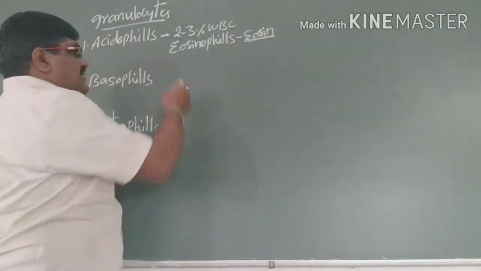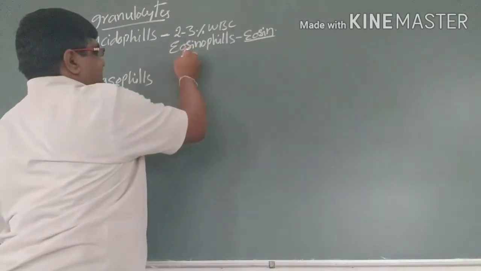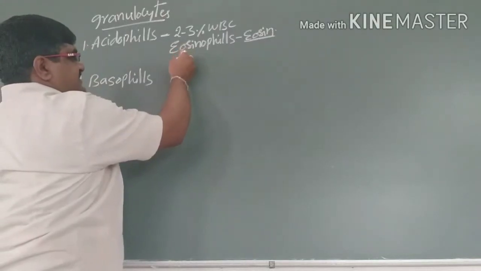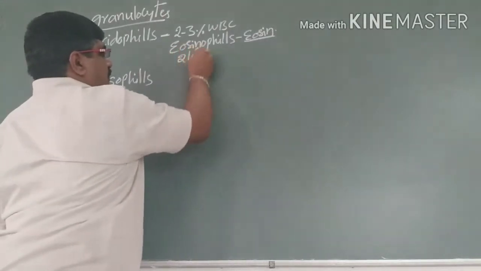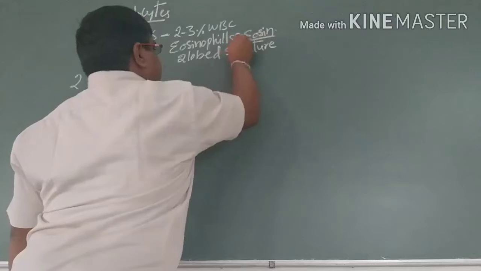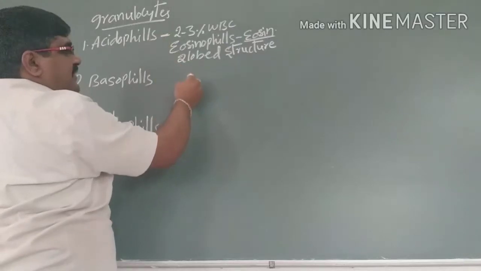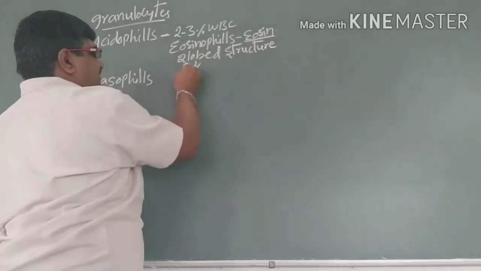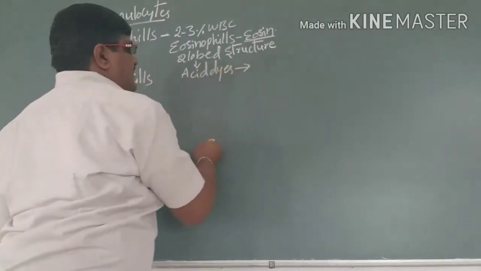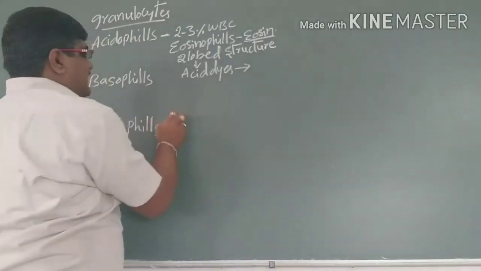These have 2 to 3 lobed structures, mostly 2 lobed. Using acid dyes or eosin, they become red in color.